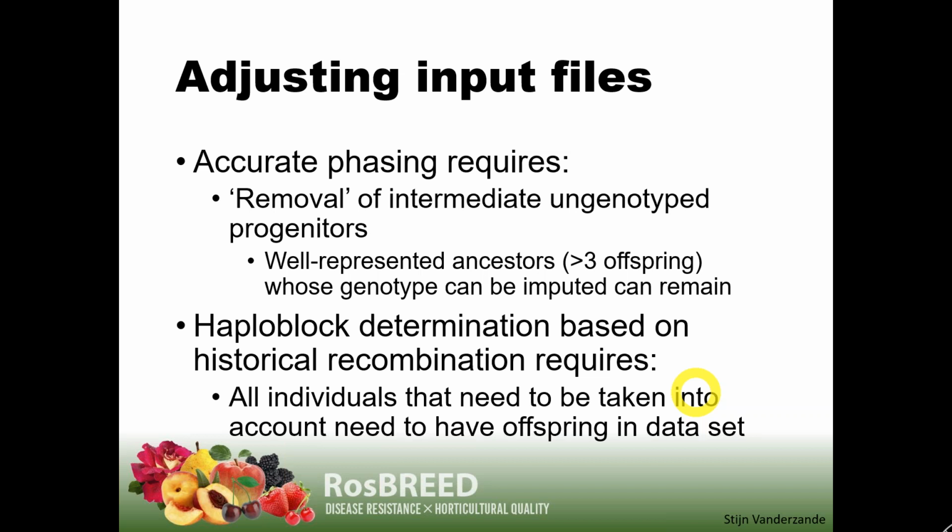We're just going to cut the link for that individual with its ancestry so that it becomes a founder, because it's not an issue for founders. Founders are individuals for whom we don't have parent information. You can also keep intermediate ancestors as long as we have enough offspring genotyped, because then we can get a good idea of what the phasing, or what the alleles, should have been like. But that's only if you have enough offspring.